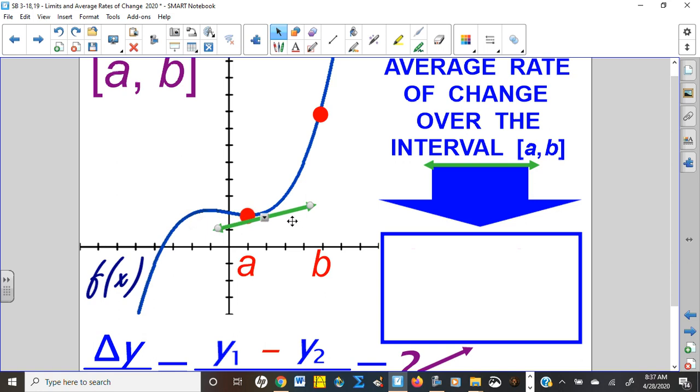And at every point along our curve here, we get just a slightly different rate of change.